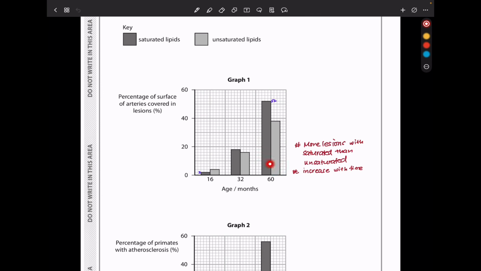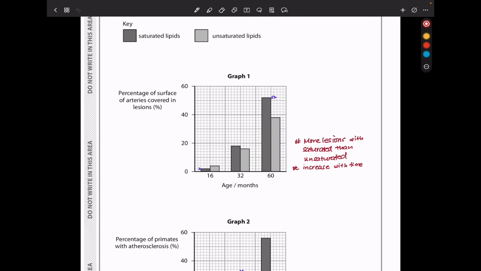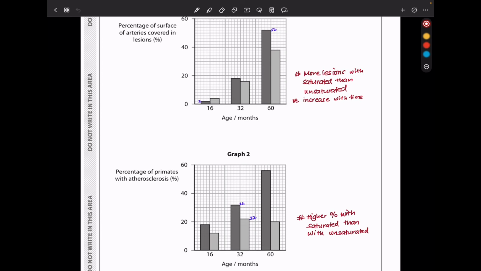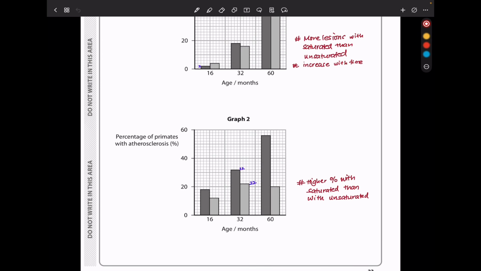We can see it's increasing over time. There are more lesions with saturated fatty acid consumers. And in graph 2, on the vertical axis, we have percentage of primates with atherosclerosis. And of course, we see time on the horizontal axis. And even here we see there are higher percentages among those who consumed saturated lipids in comparison to those who took unsaturated lipids.